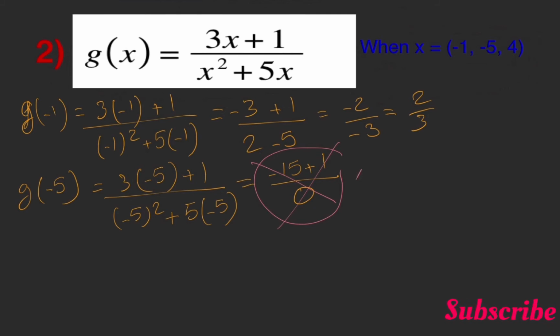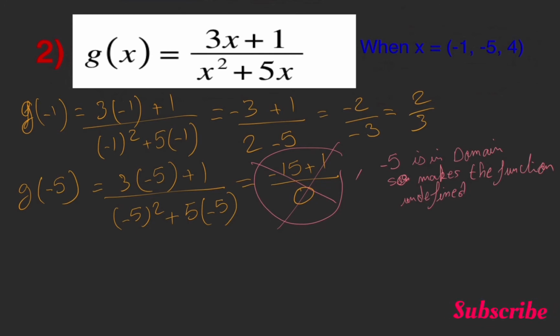So negative 5 isn't in the domain, which makes the function undefined. That's the reason why we have to make sure we have the right domain, because if not we will have problems like this. I did that on purpose.